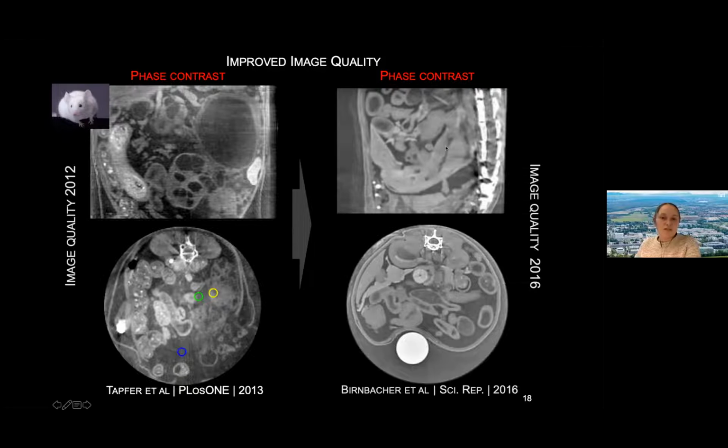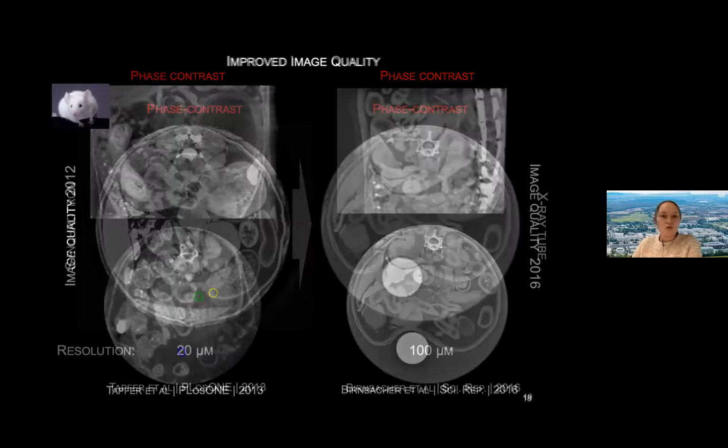So this is again a similar mouse, stored in formalin, and it's again the phase contrast which we scanned here, and this is now very comparable in sensitivity and image quality. By sensitivity, I mean that the very small, tiny refraction angles that we can detect are very comparable to what I showed you from the synchrotron.